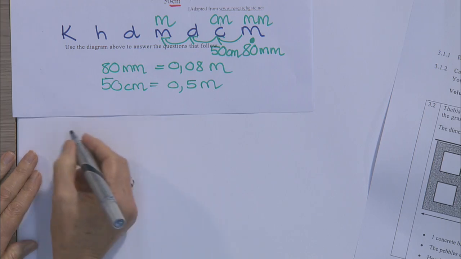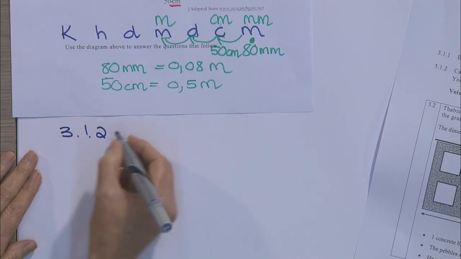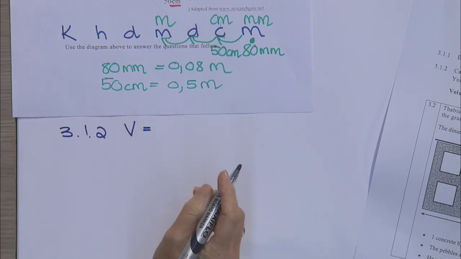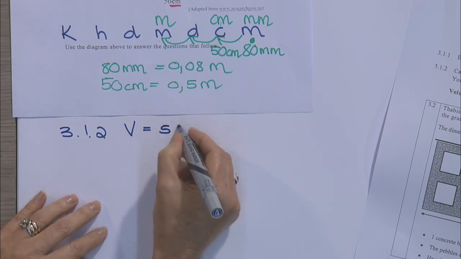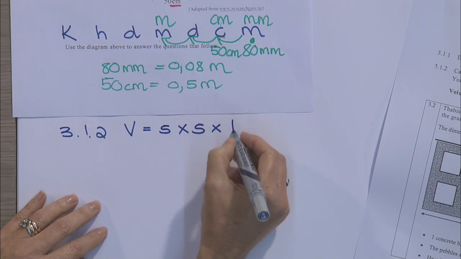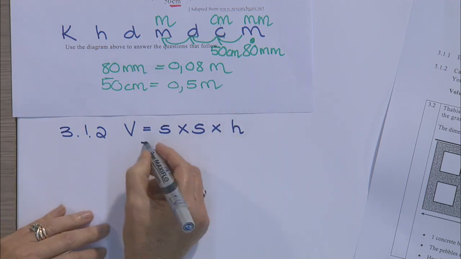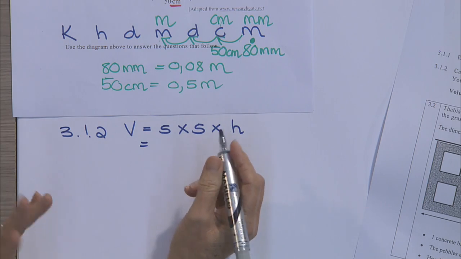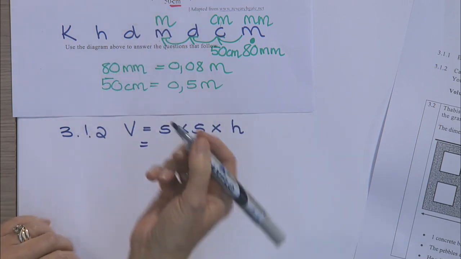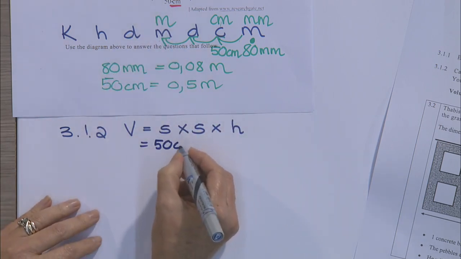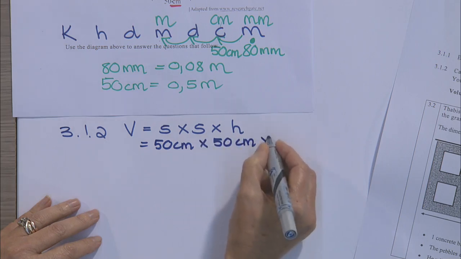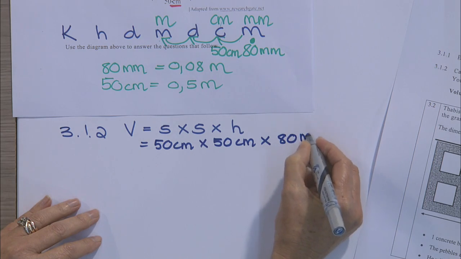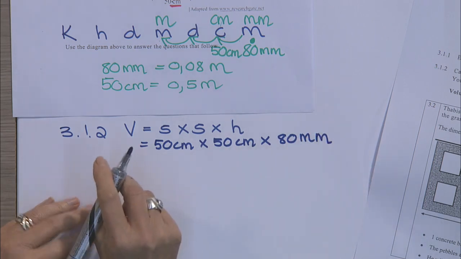So we are going to keep that there. So we are going to do 3.1.2. That's the volume of one of the concrete blocks. So they gave it to us. They said it's side times height, or the depth. So this side, I'm going to show you again what we have. We had 50 centimeters times 50 centimeters times 80 millimeters.